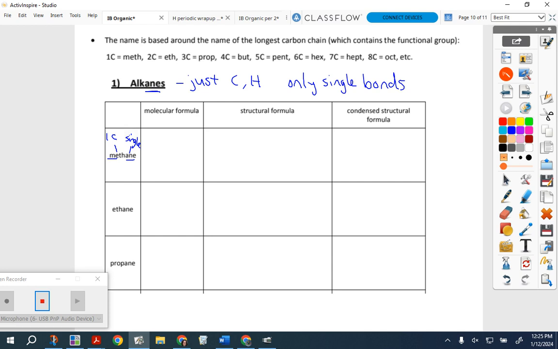So we only have 1 carbon, and we don't have any double or triple bonds. So we have one carbon, and actually I'm going to start with the structural formula and then do the other 2. So we have 1 carbon. When we have an organic molecule, unless it's otherwise specified, everything else is hydrogen. So carbon wants to make 4 bonds, it's going to have 4 hydrogens.